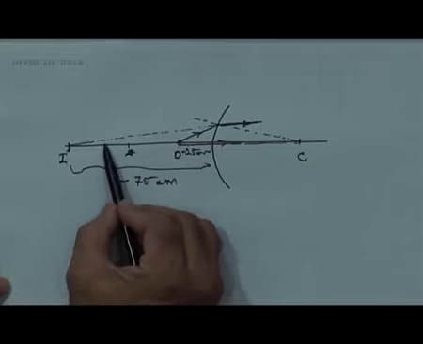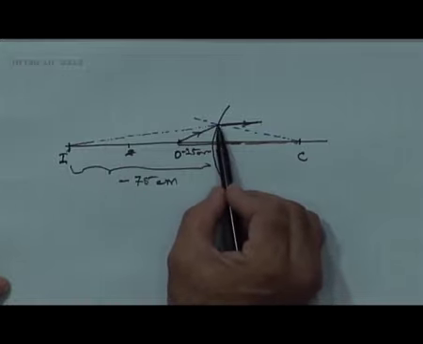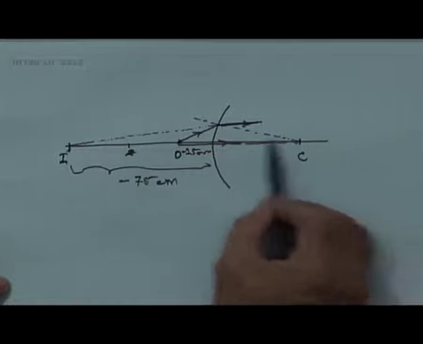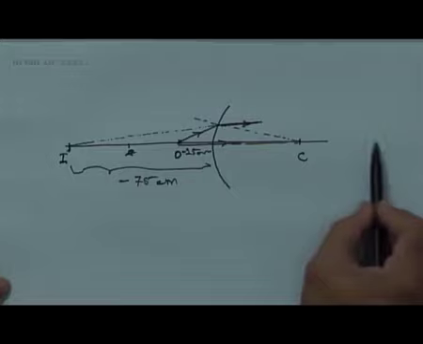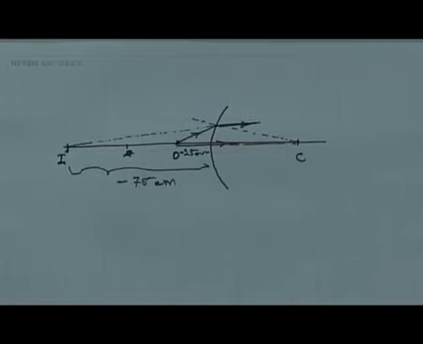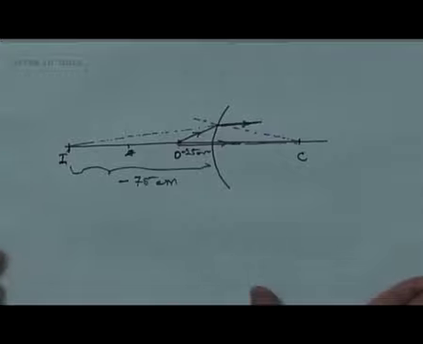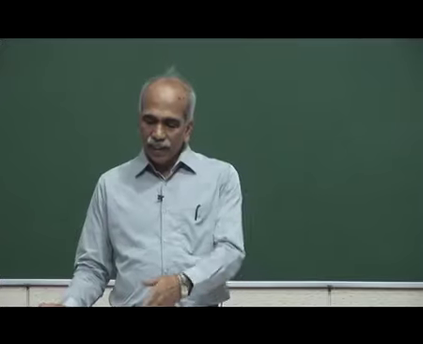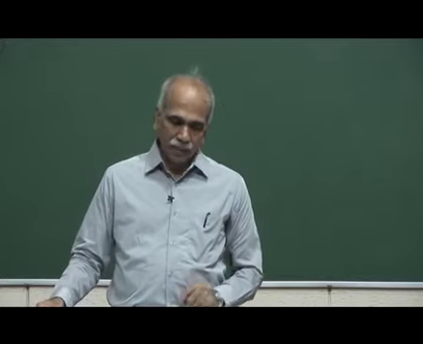If the object were a little bit further off, the ray would have been incident and refracted and intersected with the axis somewhere here. So, you would have got a positive image distance in that case. So, depending on the position of the object, we will have different positions of the image for the same spherical surface. That is why I have picked up those two simple examples.